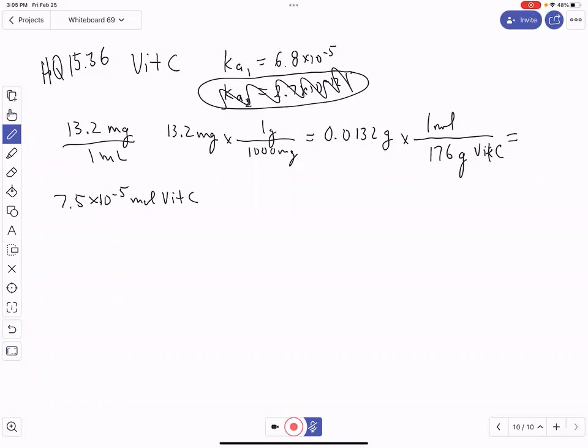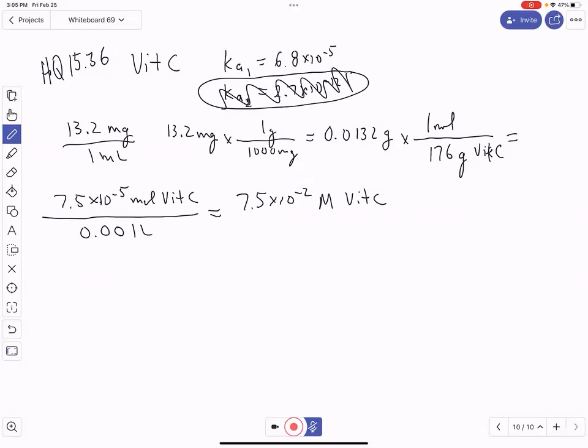So now we can bring in our volume, right? So concentration is moles per liter. I've got 0.001 liters in 1 milliliter. So I'm going to divide by 0.001, and that should take me to 10 to the 2, right? Yeah, 7.5 times 10 to the minus 2 molar vitamin C.